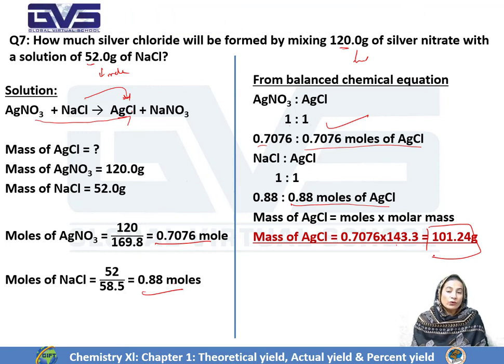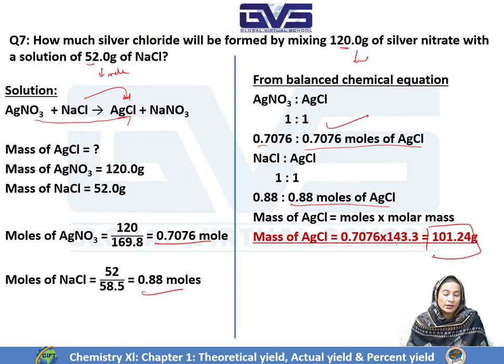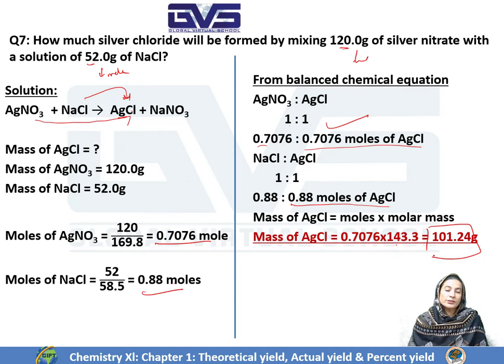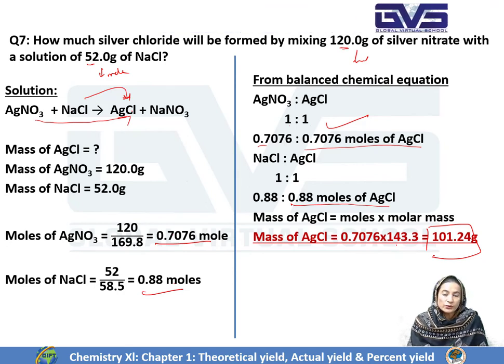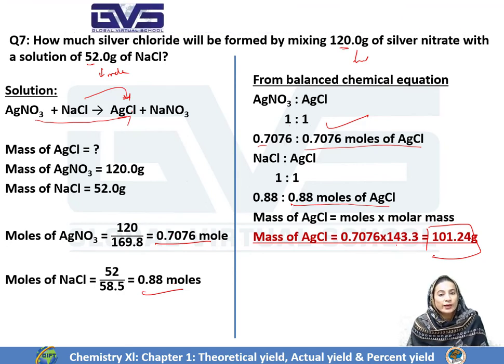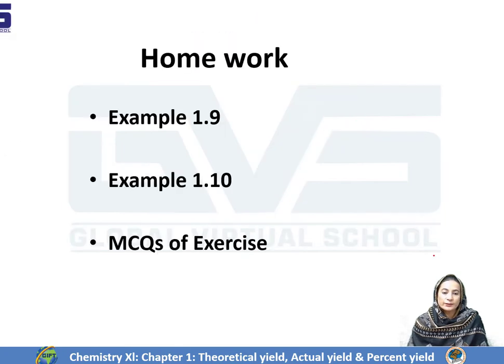Hopefully students, you will be clear now about theoretical yield, actual yield and percentage yield. So the actual yield will always be given to you, the theoretical yield maybe you have to calculate, and then the percentage yield.